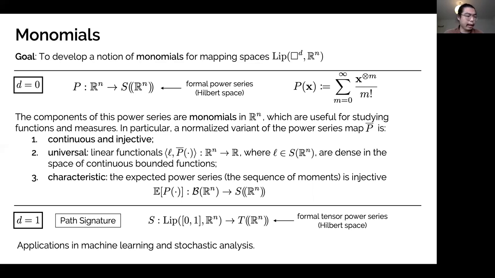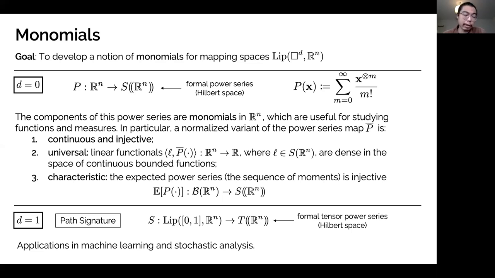In the last 20-ish years, the path signature has also found wide applicability in stochastic analysis, through the development of something called rough paths. One way of thinking about rough paths is that it provides a deterministic integration theory for highly irregular maps. Imagine things like Brownian motion.